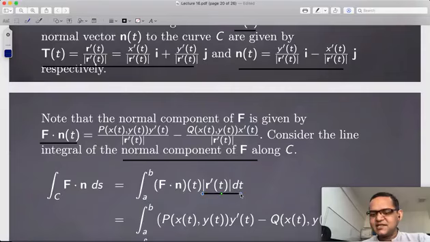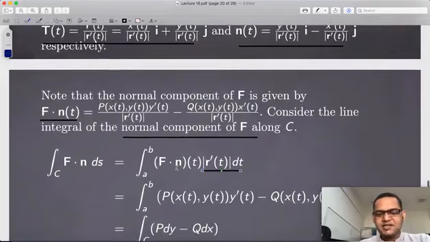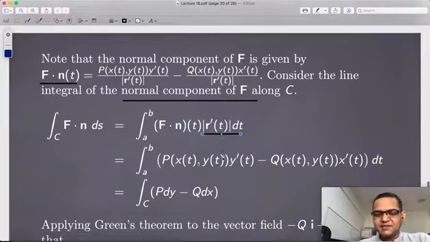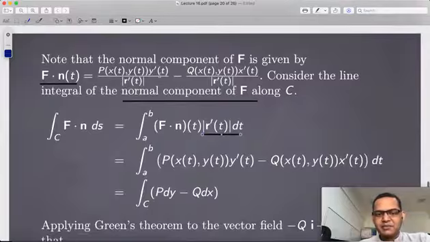This is precisely the same thing, but here you have changed the component of the vector field which you are integrating. Okay, so if you put these things here, you see that r prime t in the denominator is going to get cancelled with this. So all you get is this p y prime and q x prime.